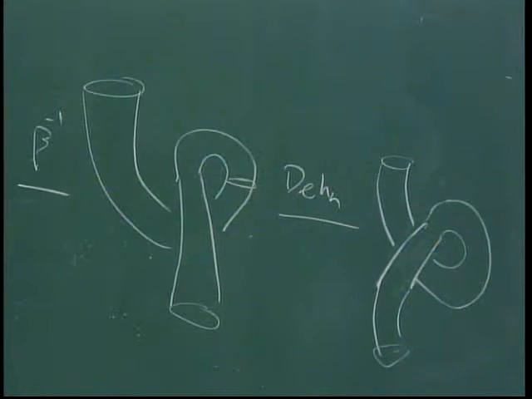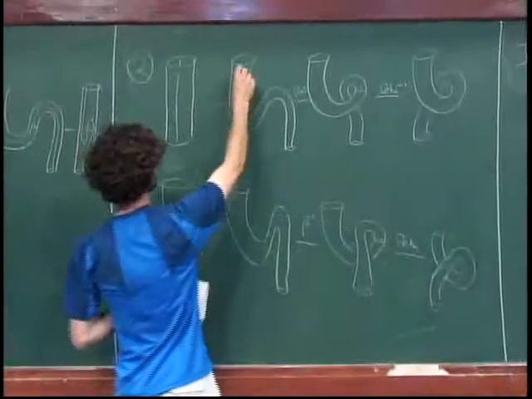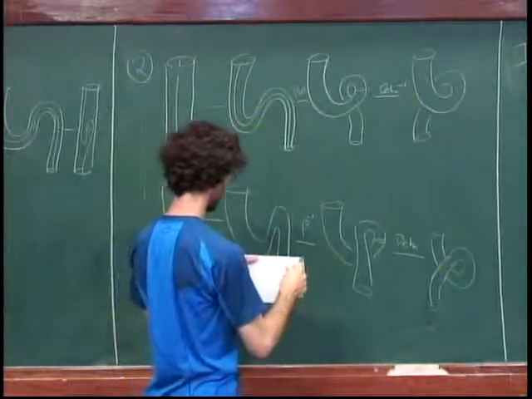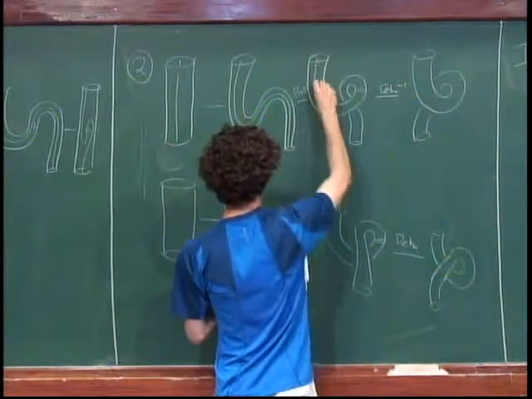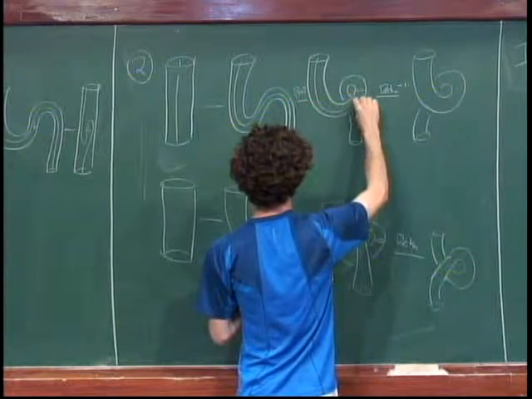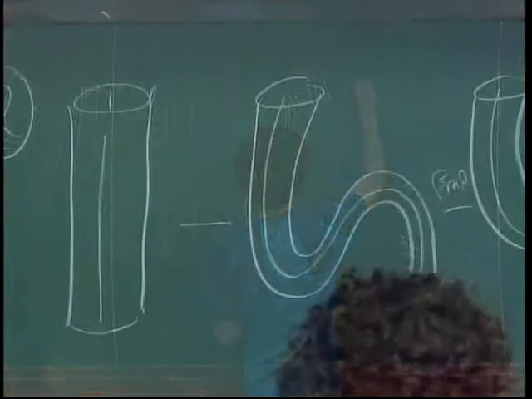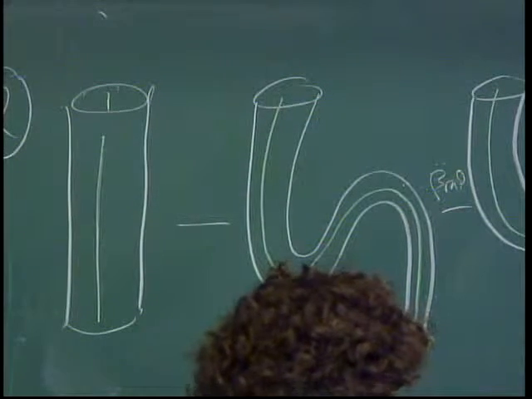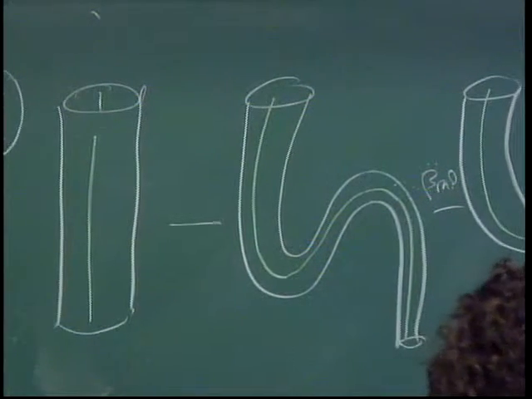So if I start with a string here, it gets moved to that string there, and then I braid. So what does that do? Well, it comes up here, and then it does an internal braiding in the category, and then comes back down.